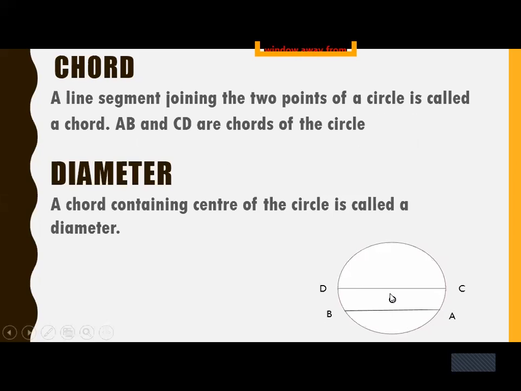Remember, a diameter is a chord that contains the center of the circle. Which one of CD and AB contains the center of the circle? Yes, obviously CD contains the center. So CD is our diameter. CD is a chord and also a diameter, and AB is only a chord. Okay, clear?